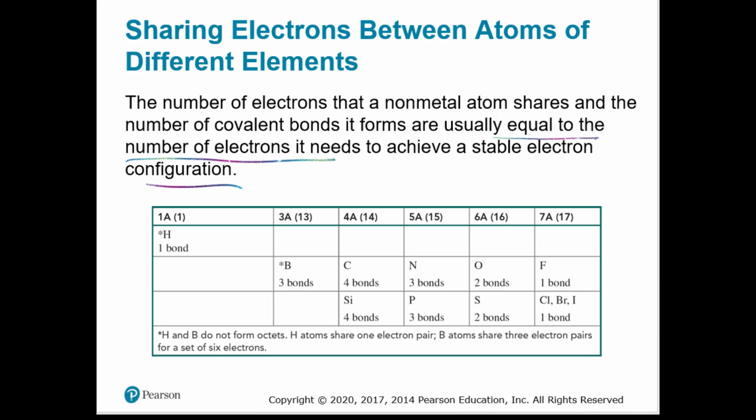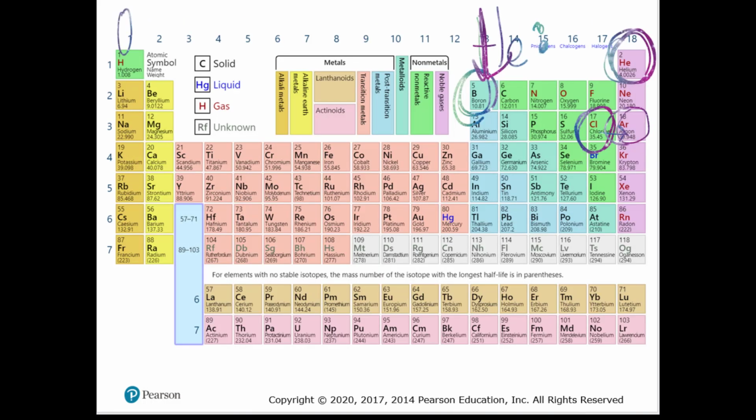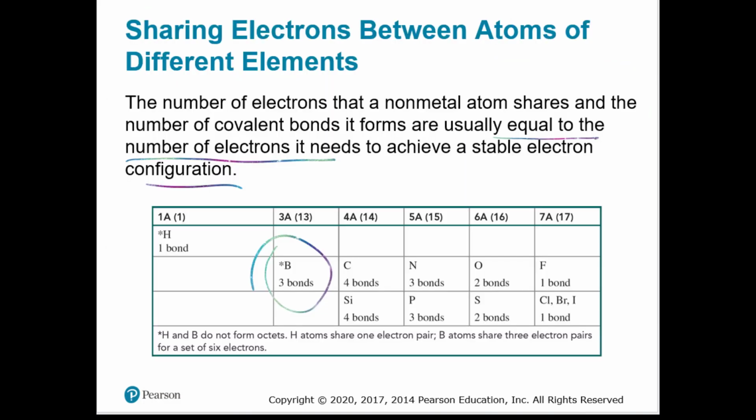For example, if I looked at boron, and we found boron on my periodic table, boron is in group 1, 2, 3A in my representative elements. Boron has 3 outermost electrons. Boron would love to have 3 bonds.